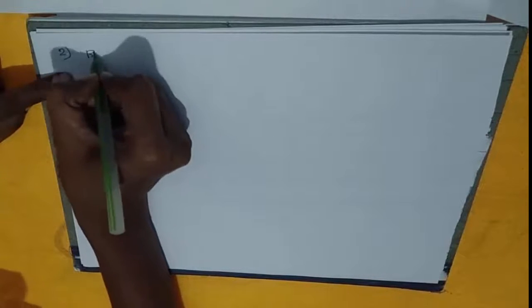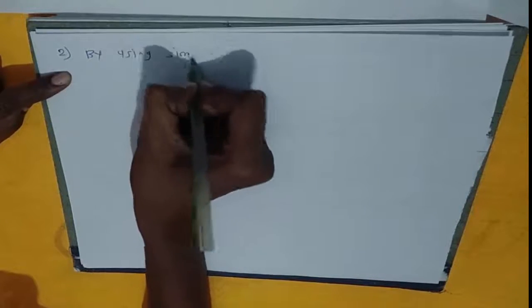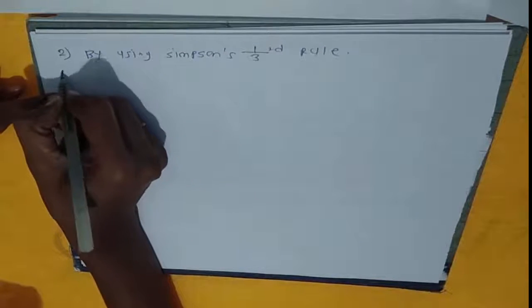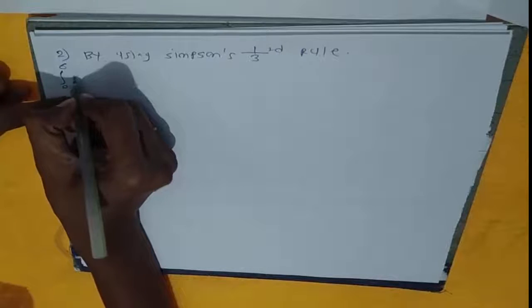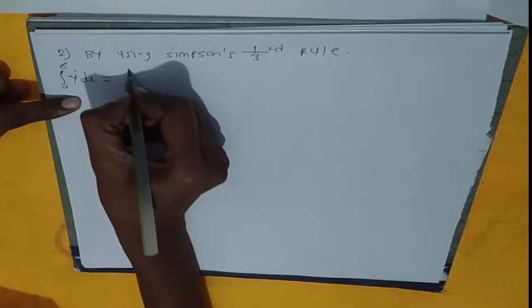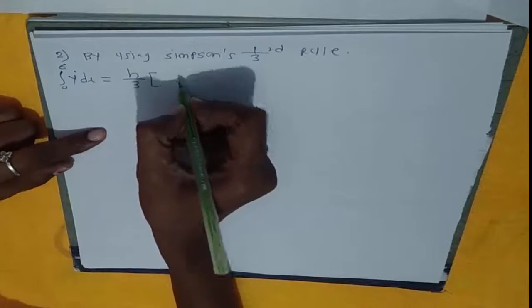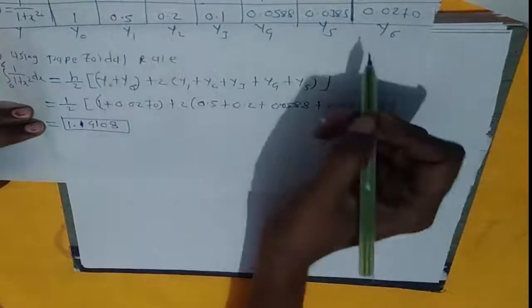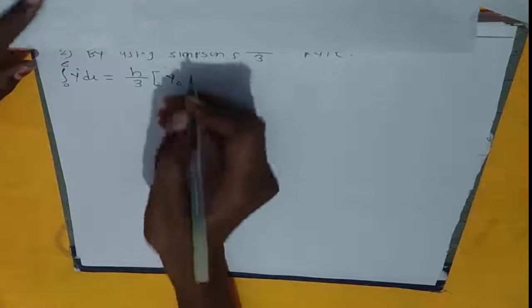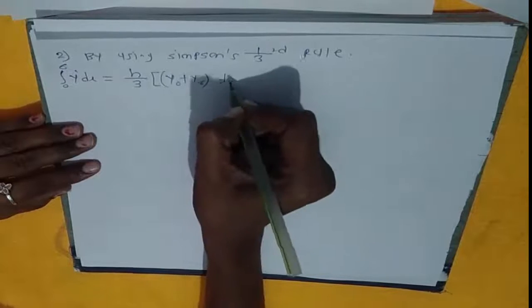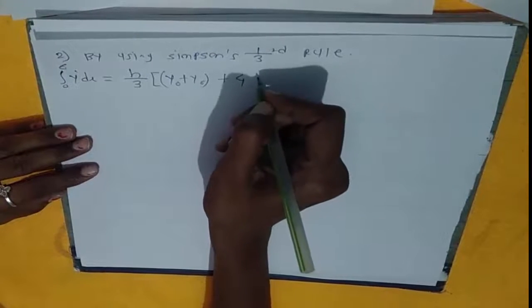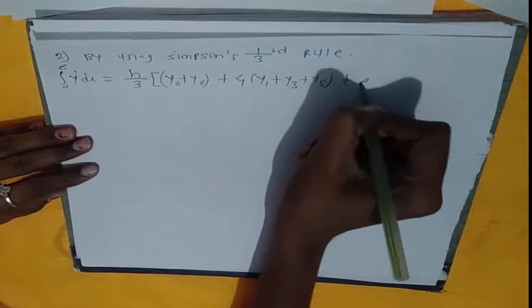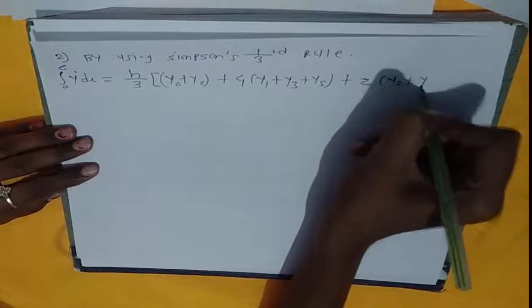Simpson's 1/3 rule for integration 0 to 6 of y dx is equal to h divided by 3 in bracket, the addition of extreme ordinates y0 plus y6, plus 4 times the addition of odd ordinates y1 plus y3 plus y5, plus 2 times the addition of even ordinates y2 plus y4.